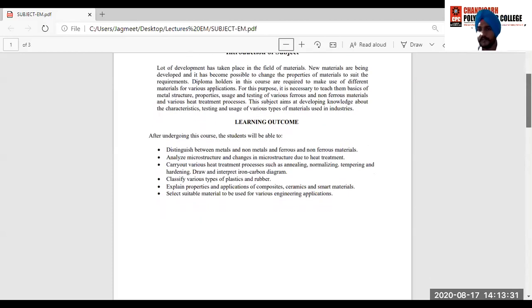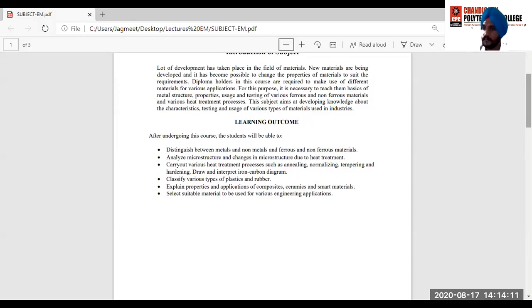The learning outcome will include difference between metal and non-metals, ferrous and non-ferrous metal materials, microstructure, behavior of material, how can we examine the microstructure of the material before and after the heat treatment process, various heat treatment processes like annealing, normalizing, tempering, hardening, what are the purpose of heat treatment processes, what is the impact of the heat treatment process on the material, classification of plastic and rubber, explain property and applications of composites, different composites like ceramics and smart materials.